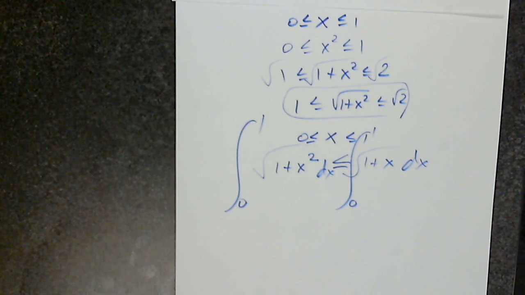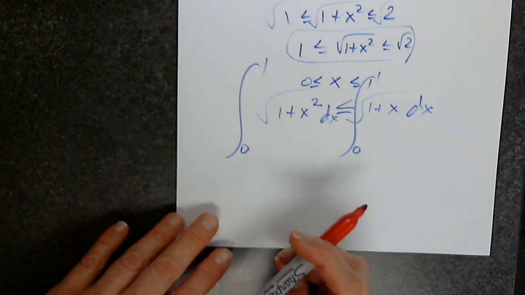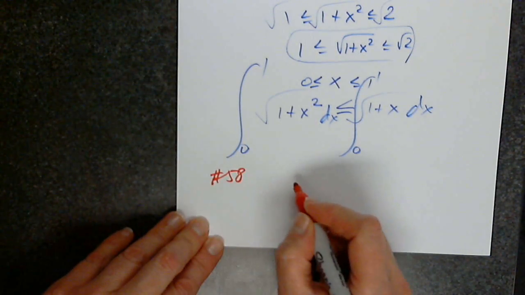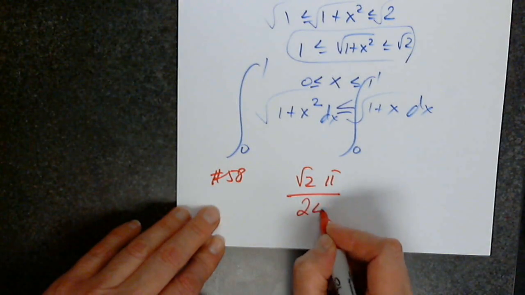Let's also work on 58. It looks interesting. And then we'll go back to Riemann sum. So this is the square root of 2 pi over 24.